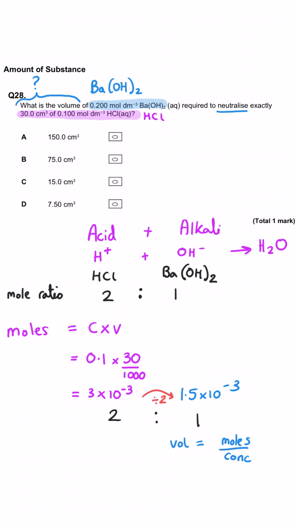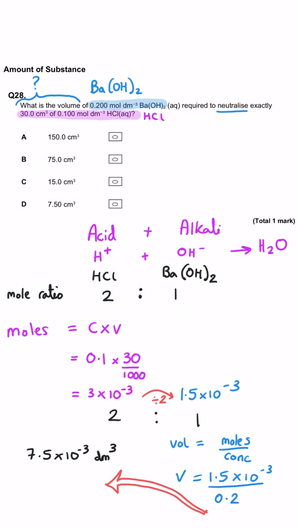When we do that, we get 7.5 times 10 to the minus 3 dm cubed, but all of our options are in cm cubed, and so we need to multiply that value by 1000 to turn dm cubed into cm cubed, and we get 7.5, and so D is our correct answer.